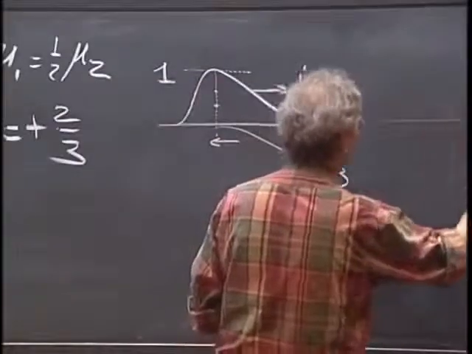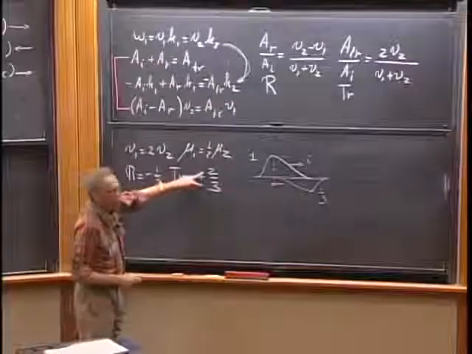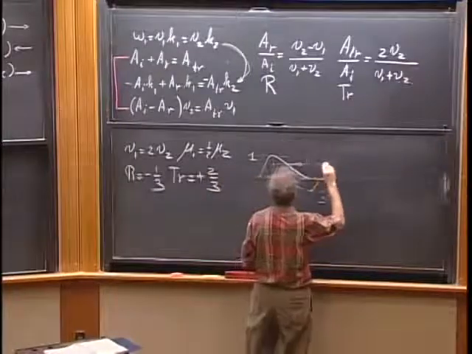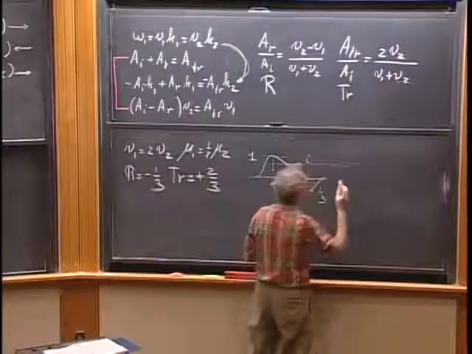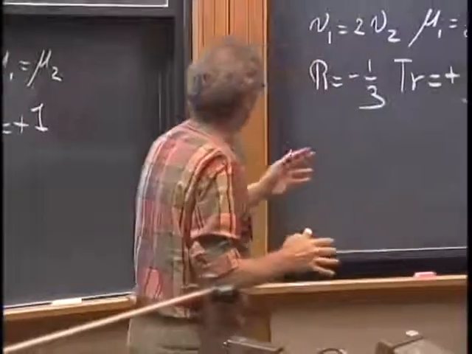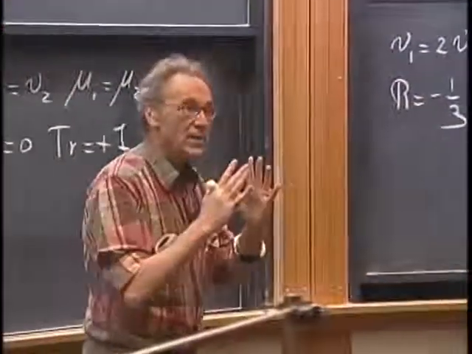And now, what goes into that medium number 2 is a pulse with 2/3 the amplitude. So this is the 2/3 mark. So the amplitude is only 2/3, but since the speed is lower, therefore it shrinks.